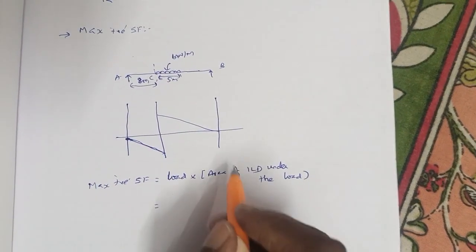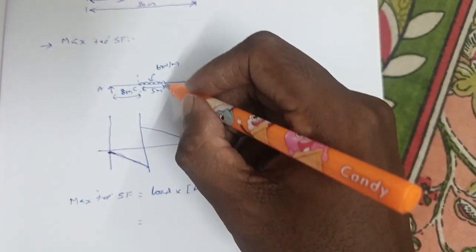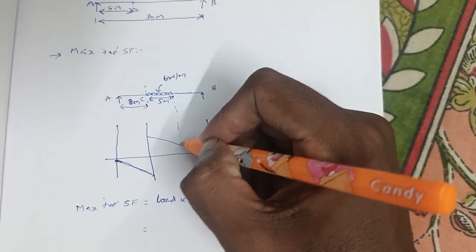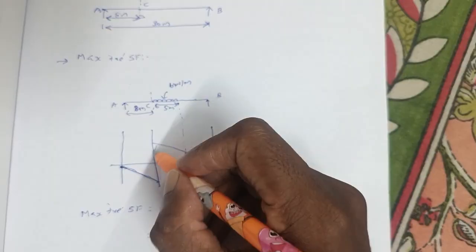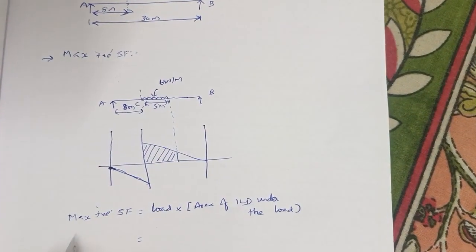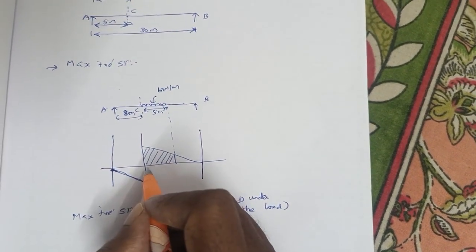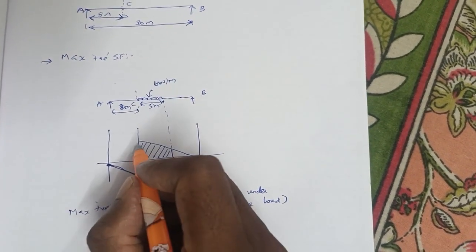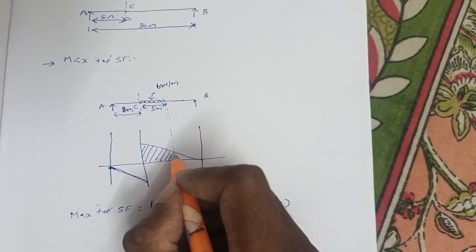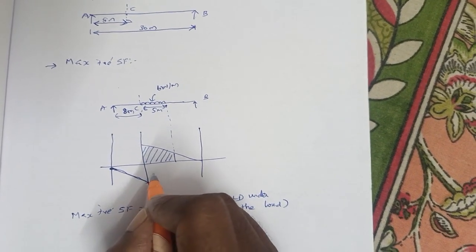To find the area of ILD under the load, this is your load. If you project like this, this is the area of the ILD under the load. This is a trapezium shape. We'll take this as A and this as B and this as the height of the trapezium.